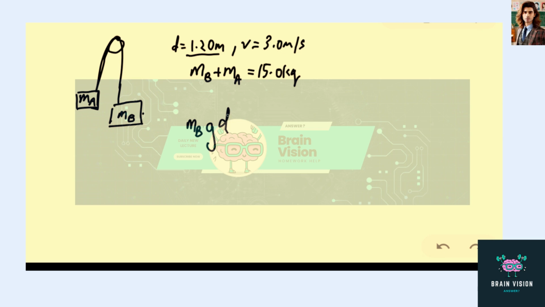So mB g d, this is the amount that the block has lost, and it is actually converted into the kinetic energy of both of the blocks. So that's half times (mA plus mB) times v squared, right?